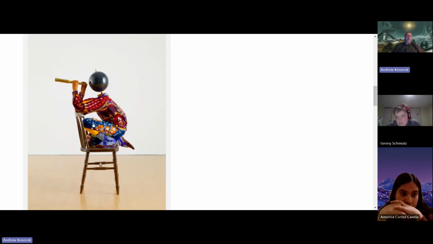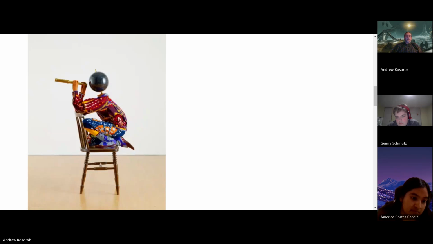And then the clothing, what do you notice about the pattern of the cloth? A lot of those patterns are traditional, I'm not going to say traditional, but they are very contemporary patterns that come out of countries like Ghana and Nigeria.